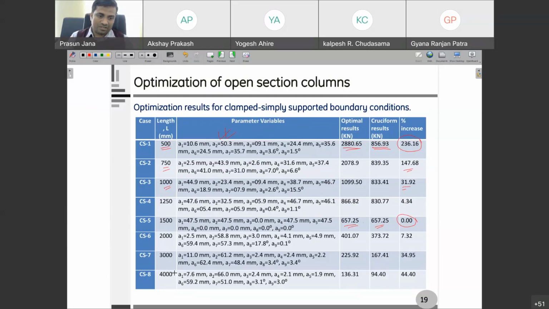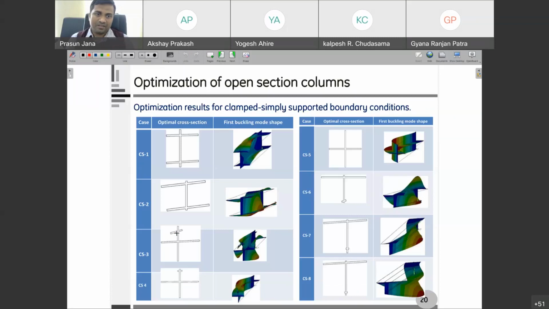So this is done for different lengths. You can see as length increases, the cross section actually changes. Here is the optimal cross section. You can see this is close to H sections, then some arbitrary sections, and then it is becoming close to cruciform, and then this is exactly a cruciform section. And then it is moving towards something like T sections here.